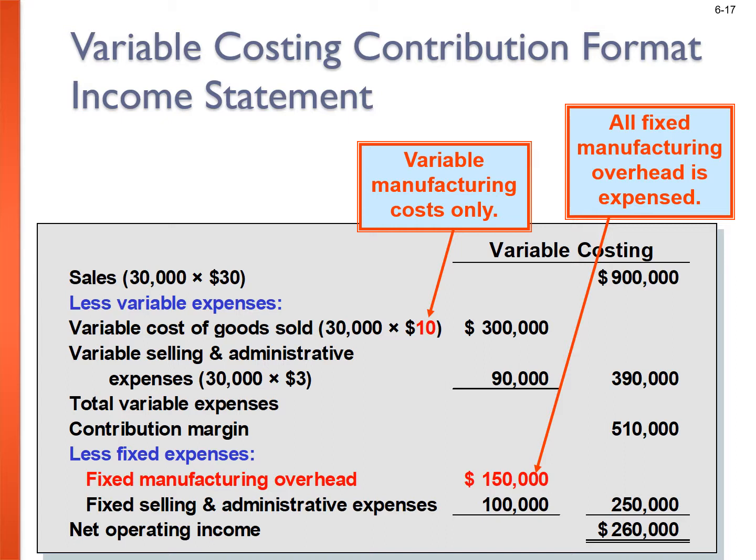We also subtract in a contribution format income statement the variable selling and administrative expenses. 30,000 times 3 would be 90,000. So our contribution margin is 510,000. Remember, we subtract fixed costs after that. Fixed manufacturing overhead, fixed selling and administrative cost, totaling 250,000, to get net operating income of 260,000.